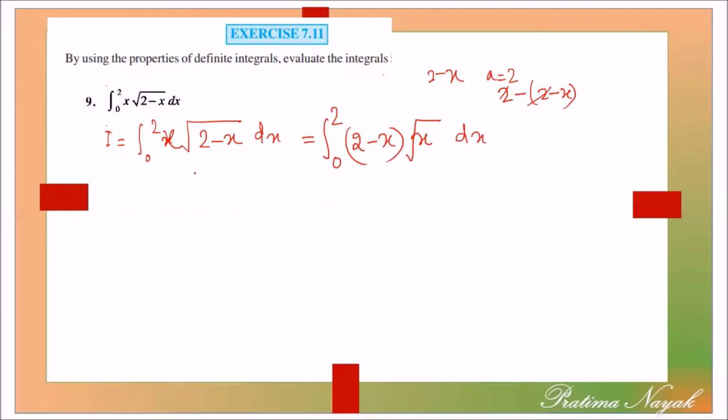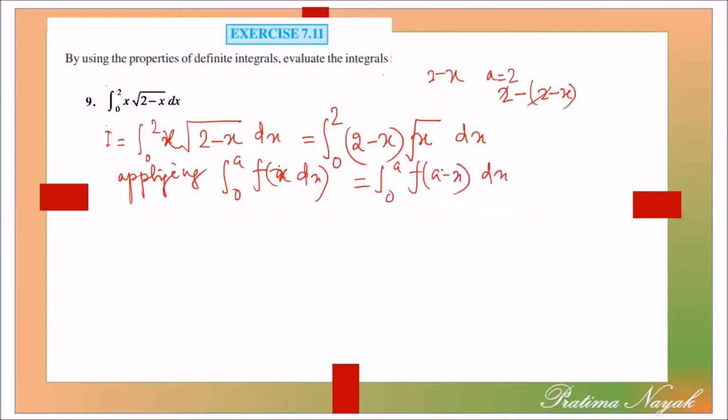So of course I'll write applying the property: integral 0 to a f(x) dx is equal to integral 0 to a f(a minus x) dx. So next it is easy now.